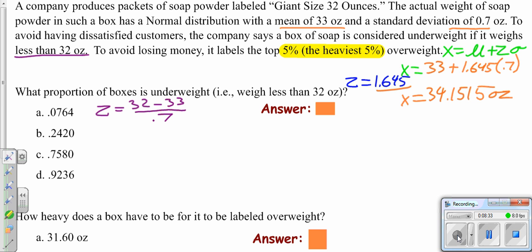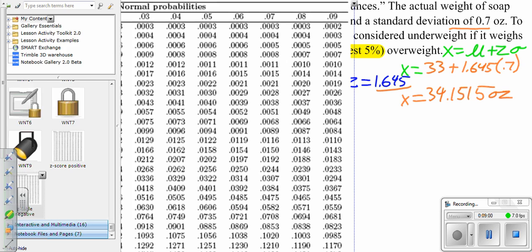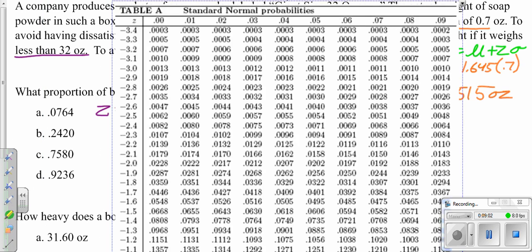Always making sure we go to the nearest 2 decimal points, so that gives us a 1.4. Whoops, I got a 1 here. Let me change that to a 0. So a negative 0.14 is what I need to find on my table, table A, in the back of your book. So I pull that up. It's negative, so that's on the left-hand side of the page.